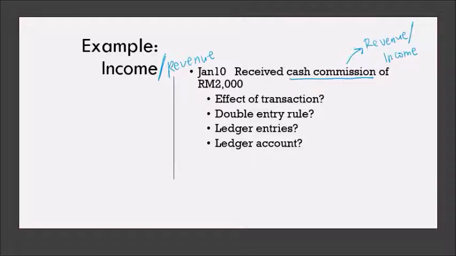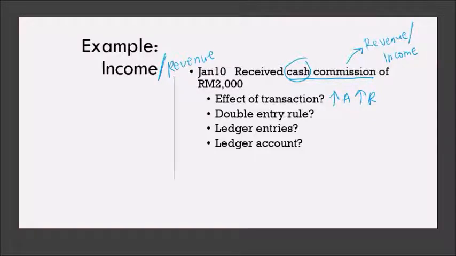When you receive a transaction like this, the first thing you have to know is what form the income came in. We can see it came in cash form. So our asset increases in cash form. Next, the revenue also increased.